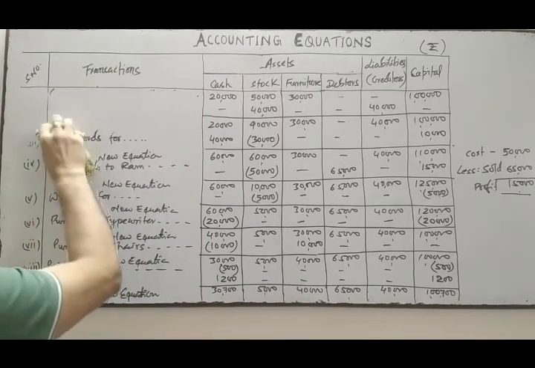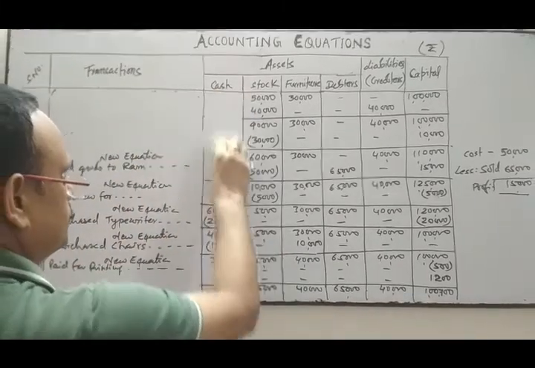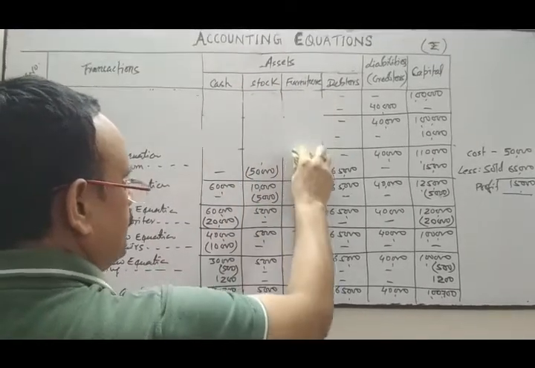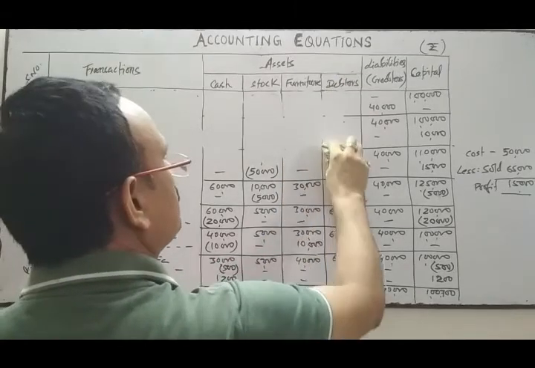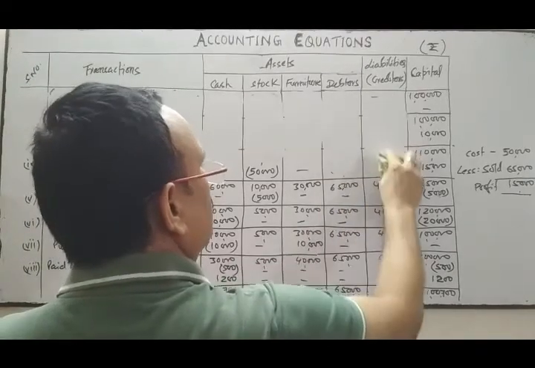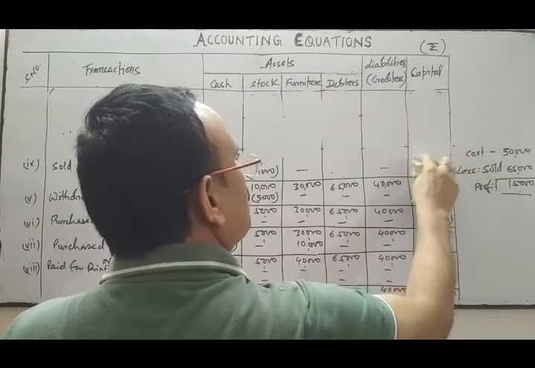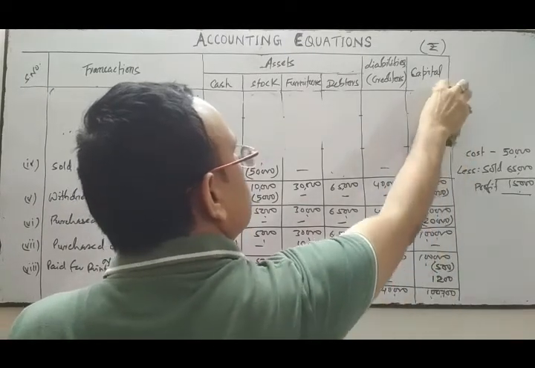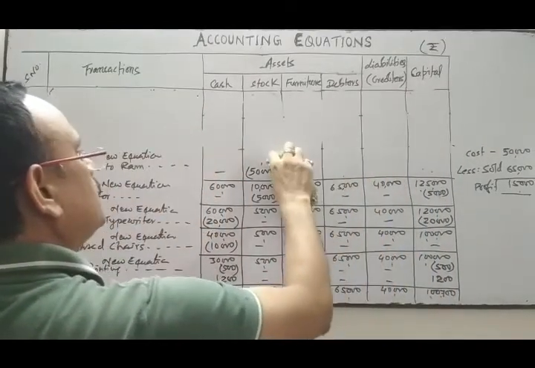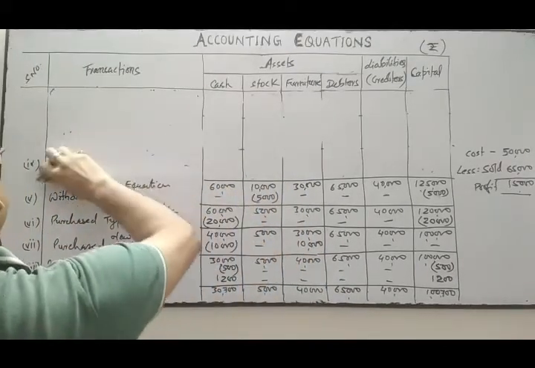Do you write in the bottom? I'm going to write at the top. This question continues, and I'm using the space by erasing transaction numbers 1, 2 and 3, and going to use this space.